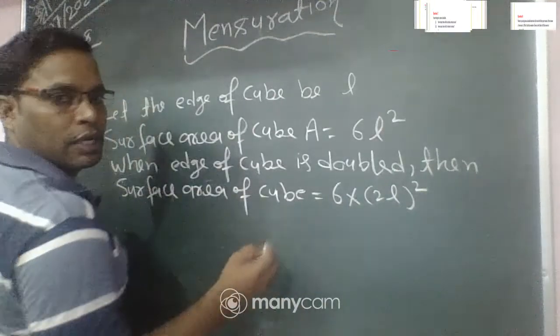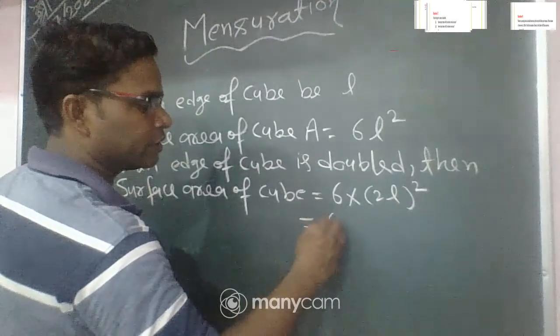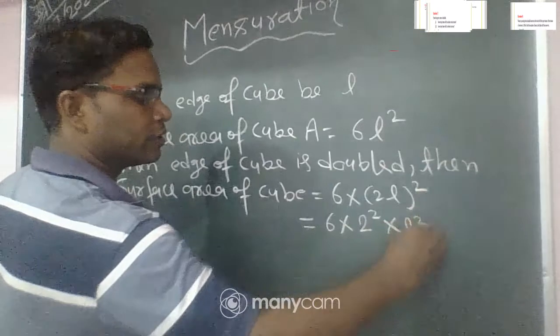So you find this is 6 into 2 square into L square.